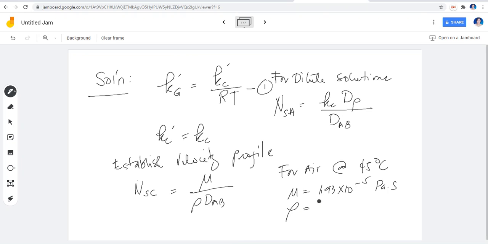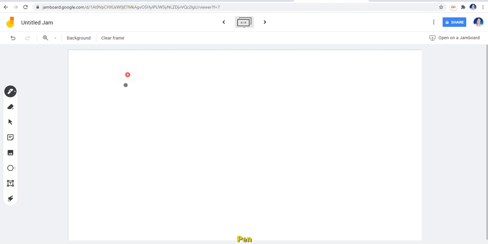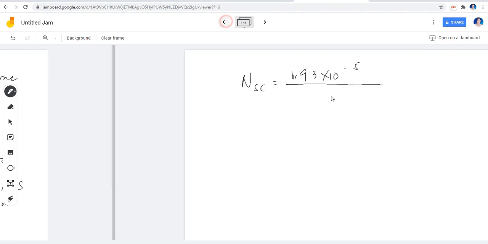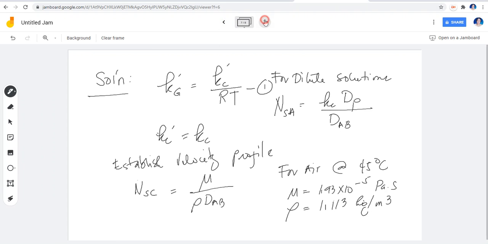Density is 1.113 kilograms per cubic meter. So with these two taken from the appropriate property table and the given D sub AB in the problem, we can determine our Schmidt number. So our Schmidt number upon substitution would be 1.93 times 10 raised to negative 5. That's the one that we have here for the mu.